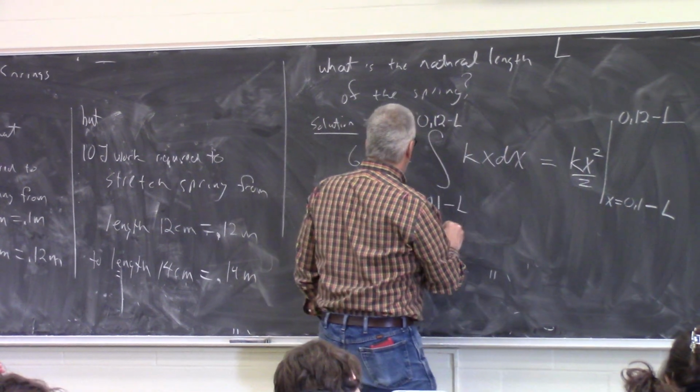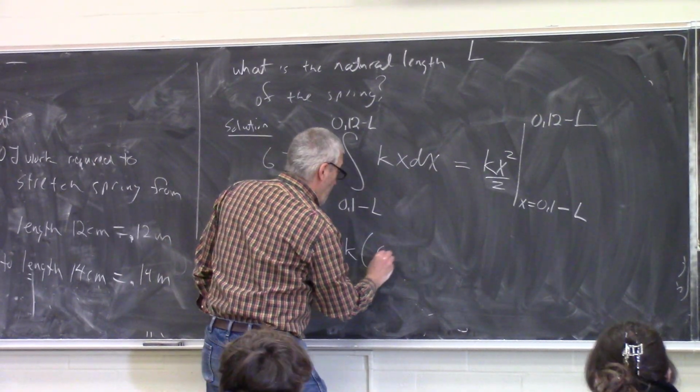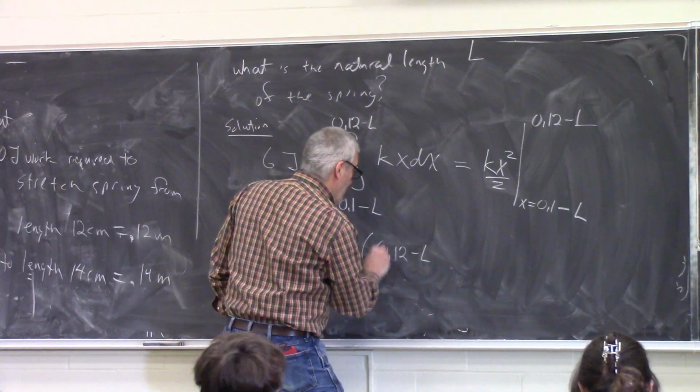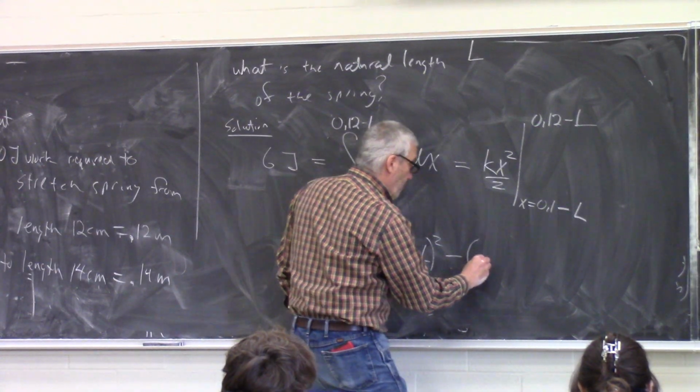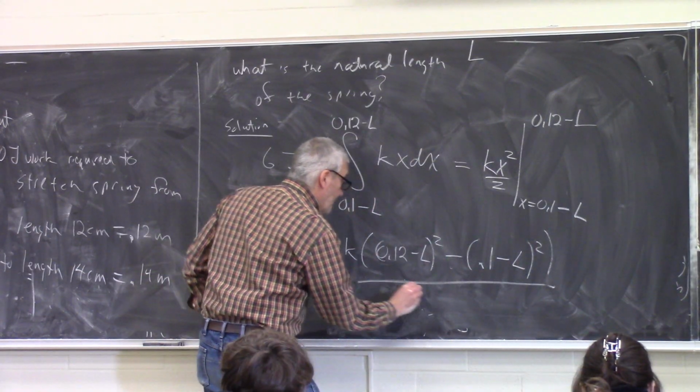So this is a terrible looking calculation. So k times 0.12 minus L squared minus 0.1 minus L squared, all over 2.